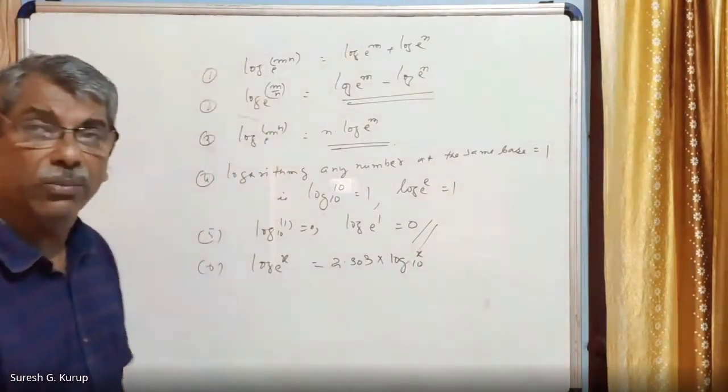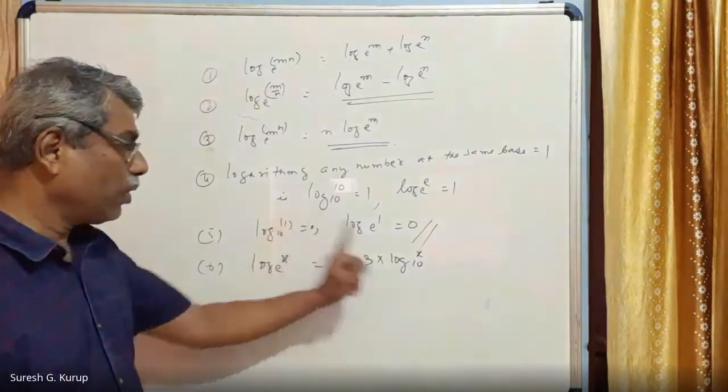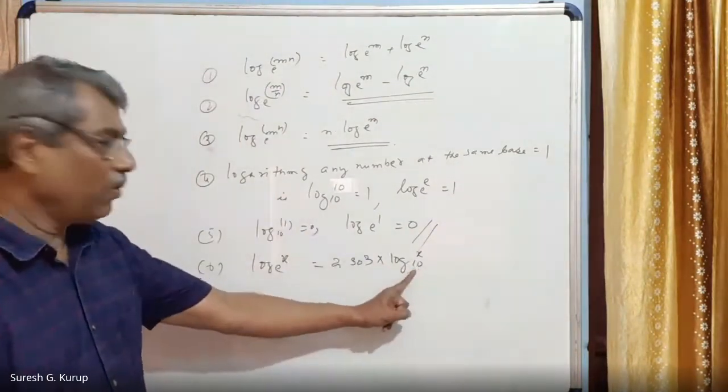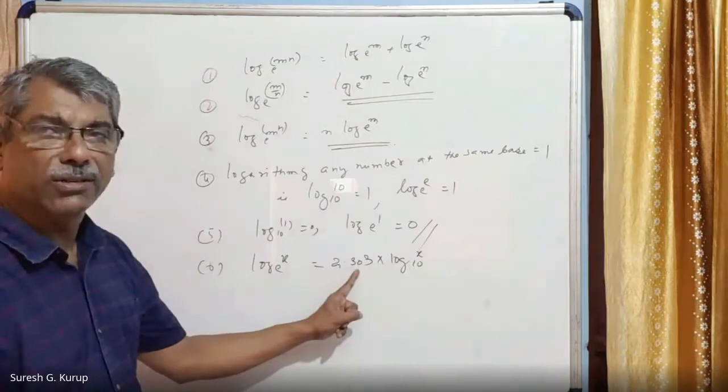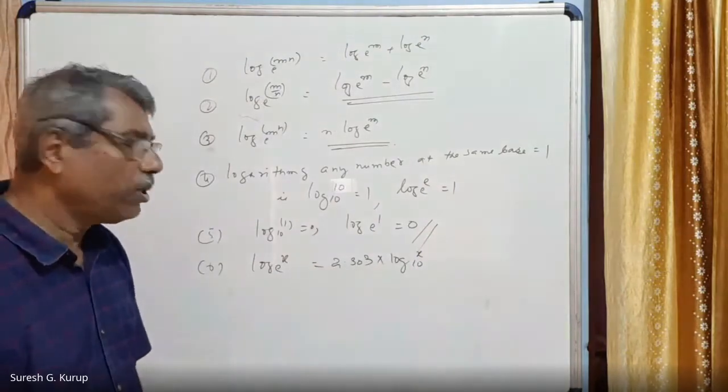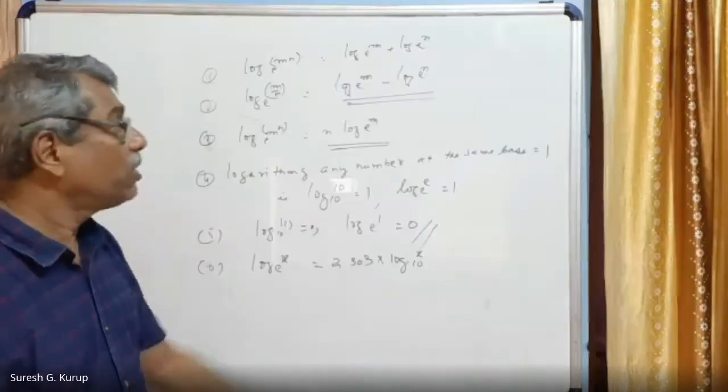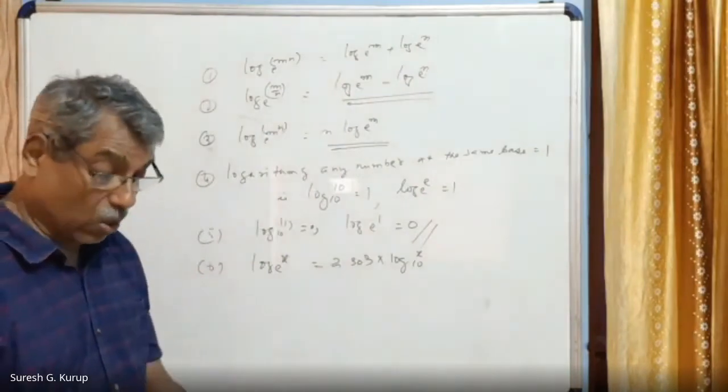That means to convert a logarithm to the base e into base 10, we have to multiply with a constant equal to 2.303. So these are the rules in logarithm.